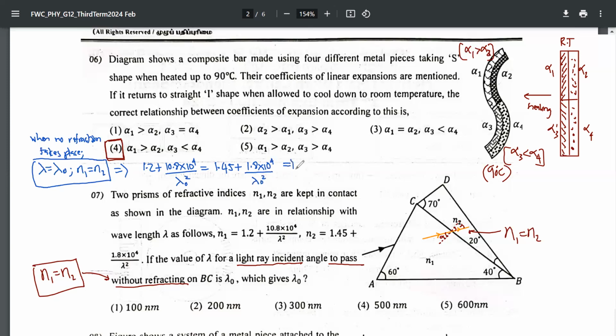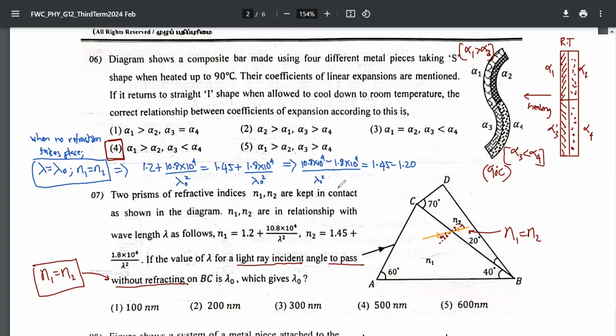So what will happen now? Shall we take the numbers to one side? I can take 1.2 to the other side. Lambda naught squared is a common denominator. On top, 10.8 into 10 to the power 4 minus 1.8 into 10 to the power 4. On the right side, 1.45 minus 1.20.